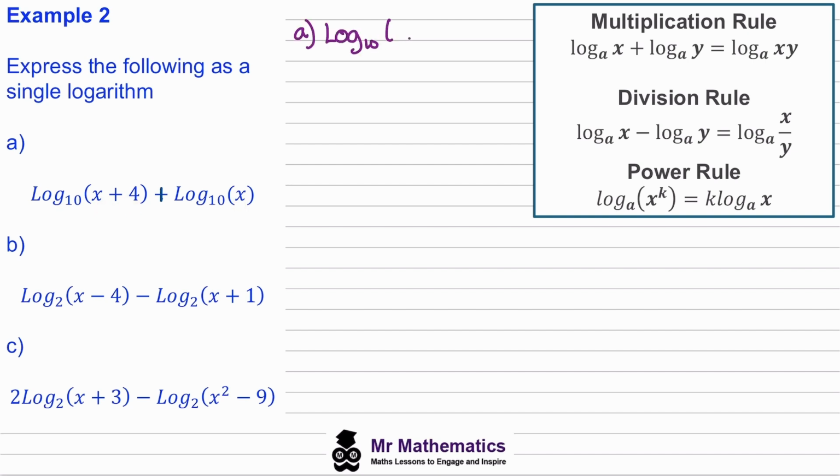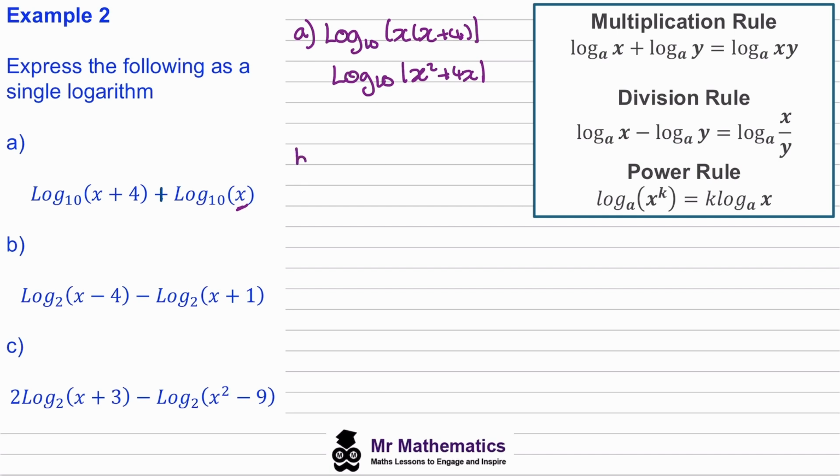So we get log to the base 10 of the x multiplied by the x plus 4. And then we can simplify that, expand out the brackets, and we get x squared plus 4x. Okay? I should note as well that this would be the modulus of x squared plus 4x, because you can't take the log of a negative number.